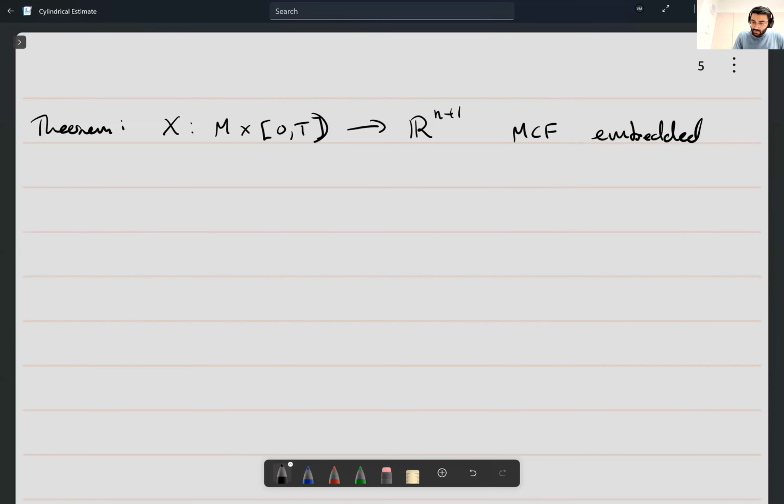Now if I know that mu hat divided by H, satisfying, is less than or equal to alpha.